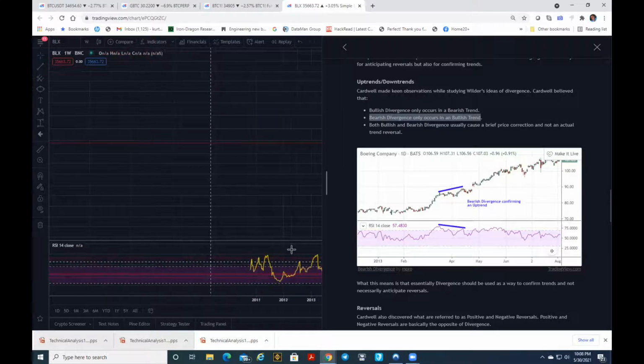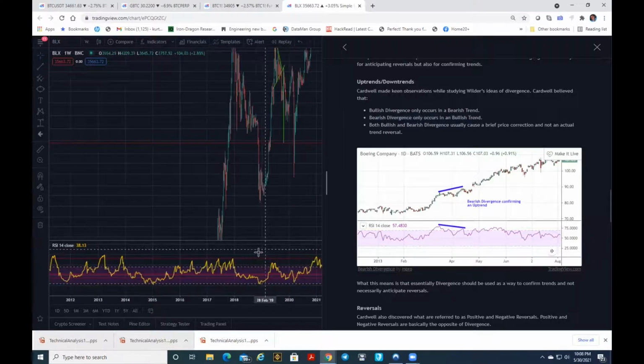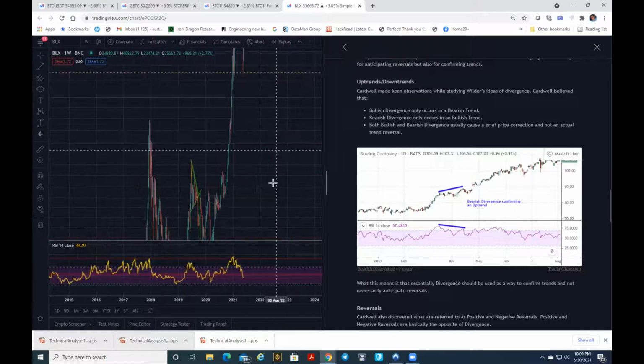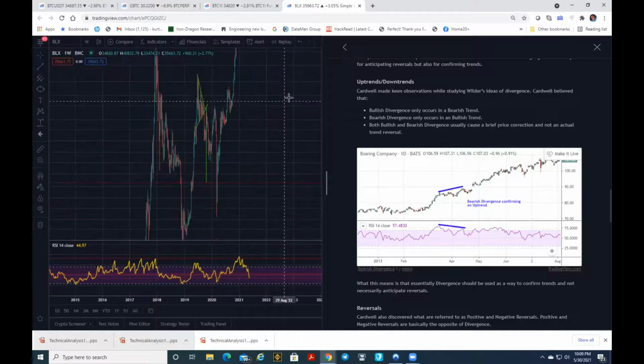So the divergence points at 80 to 90 and 10 to 20, or even higher, like 10 to 0, 20 to 0, and 80 to 100 are strong. The stronger it is, closer to the 100 and the 0 point, whether it be a bullish or a bearish divergence, generally indicates a price reversal and not a continuation of the trend.